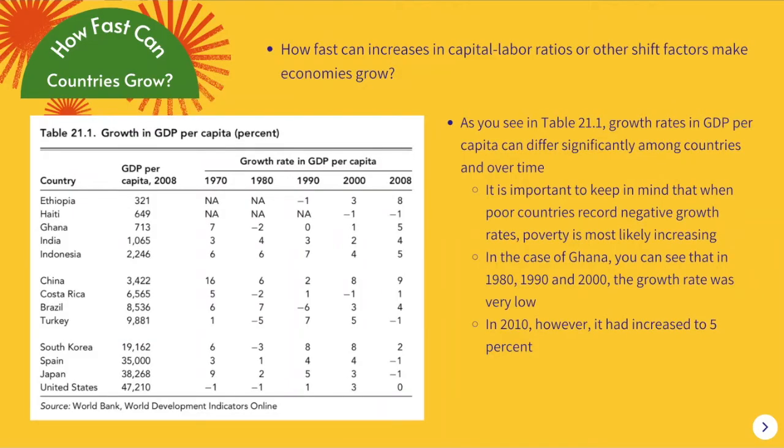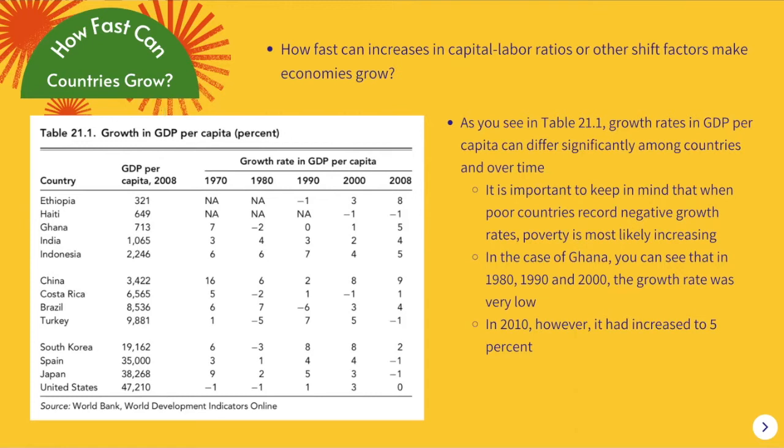So how fast can increases in the capital-labor ratio or other shift factors make economies grow? As you can see in Table 21.1 right here, the growth rates in GDP per capita can differ significantly among countries and over time.